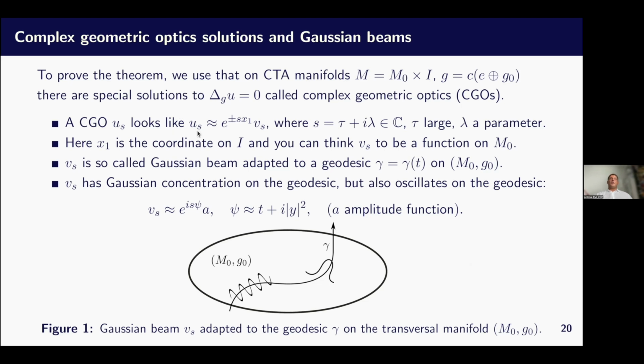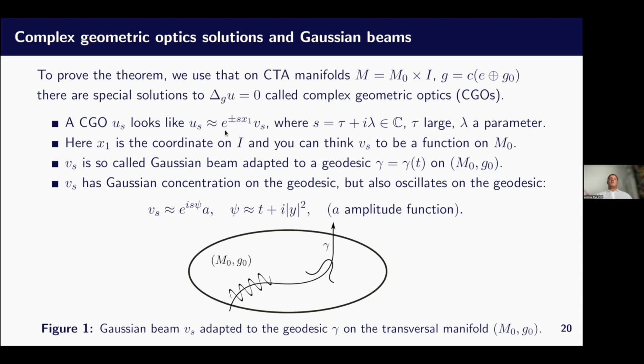There are functions u_s, where s is a complex parameter of the form tau plus i lambda. Tau is large, and in fact, we will be taking tau to infinity. And lambda is a parameter which we want to manipulate in the end.